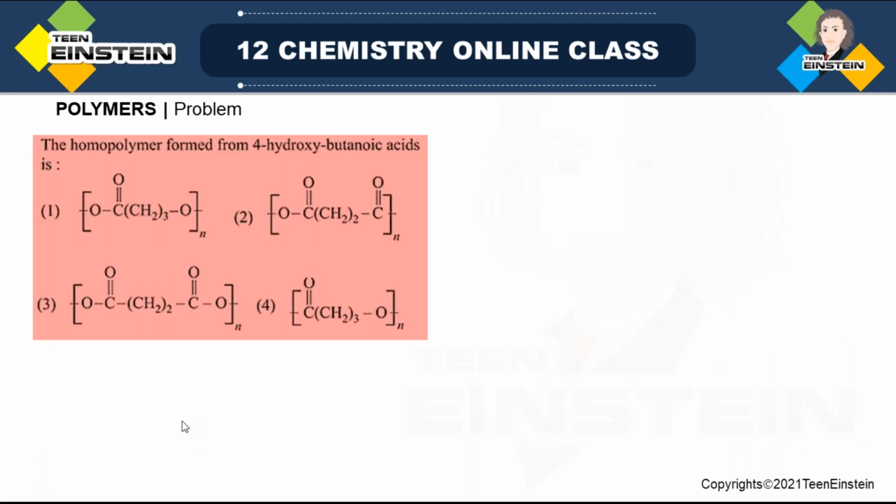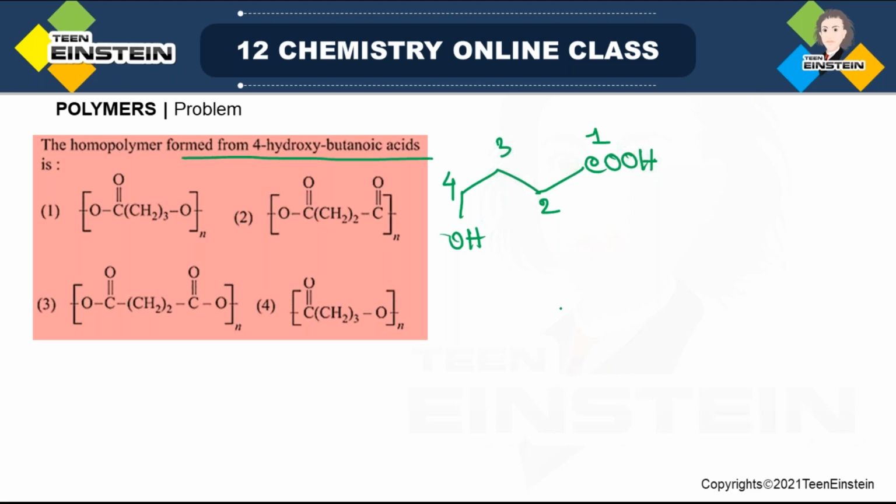Next question. Homopolymer which is formed from 4-hydroxybutanoic acid. So first write the structure of 4-hydroxybutanoic acid. 4 carbon, and at carbon 1 there is a CO2H group. At position 4 there is an OH group. This is number 1, this is number 2, this is number 3, this is number 4.